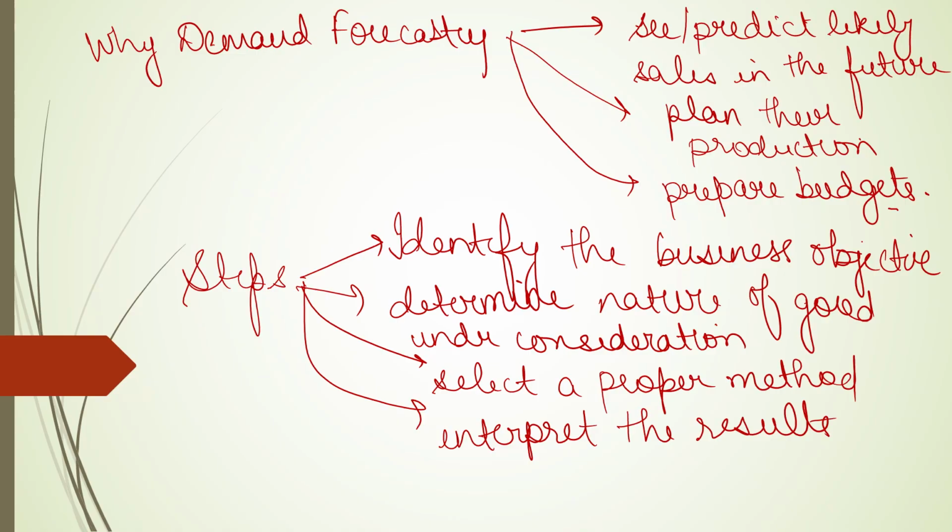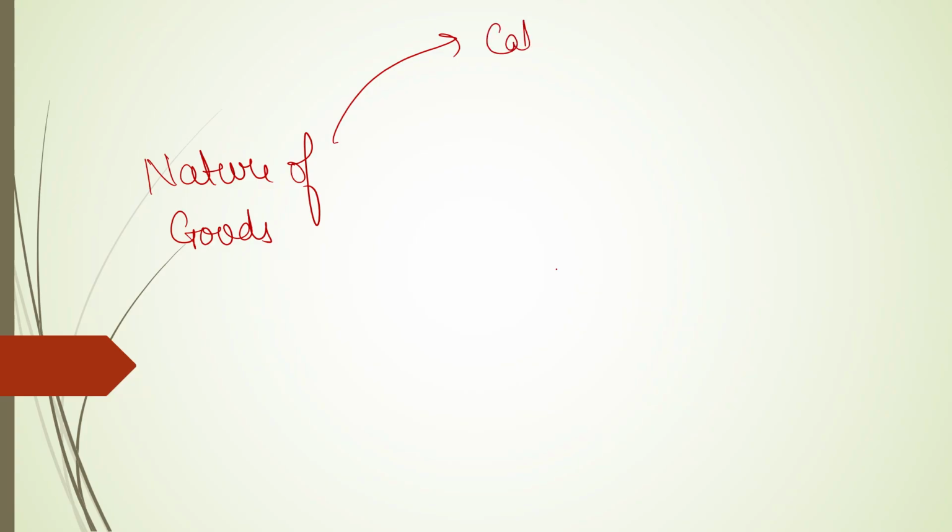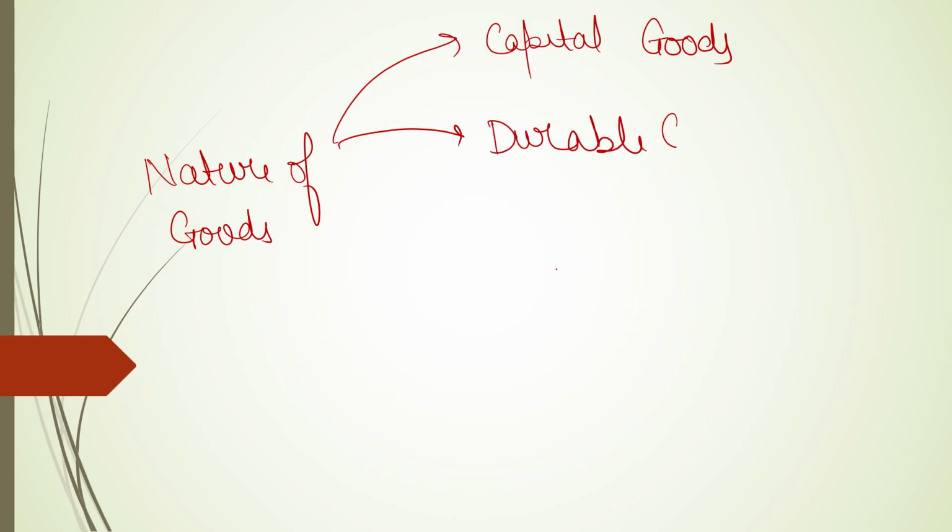Now after this, let's see classification and selection of goods. So now let's see the nature of goods. Nature of goods can be: first, capital goods, second, durable consumer goods, and third, non-durable.